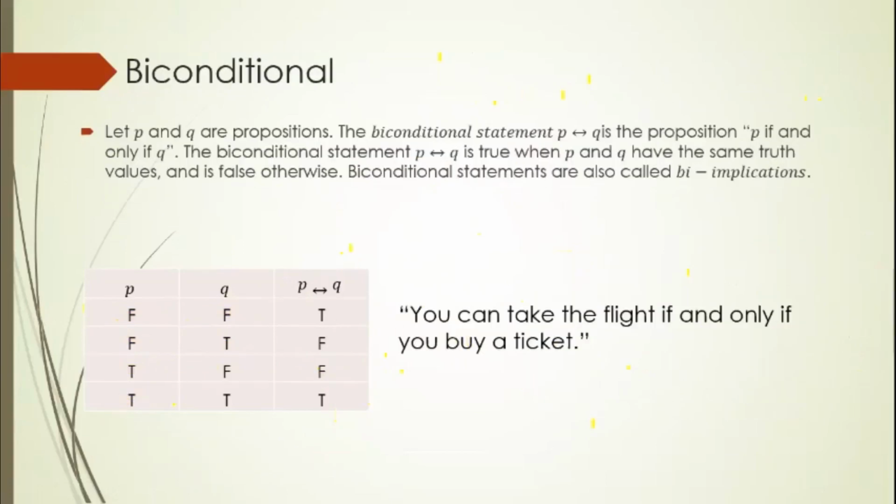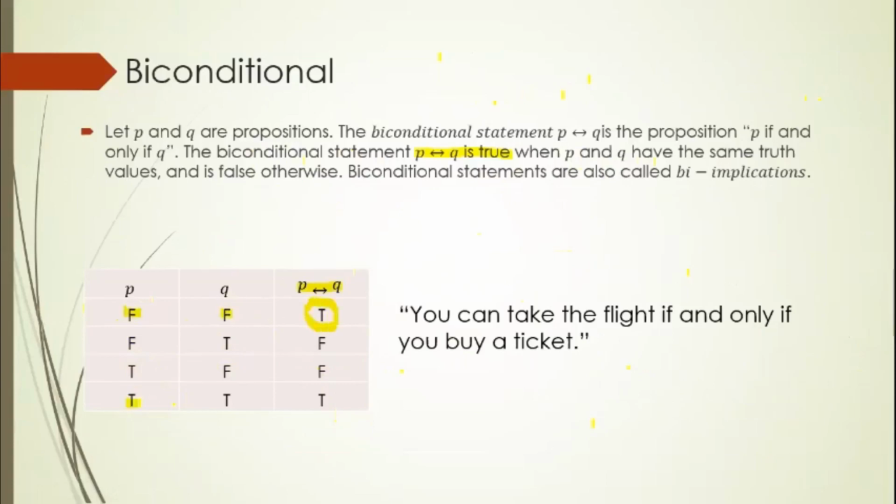So we have here the biconditional statement. So what would be the condition? You will only have a true when P and Q have the same truth values. So meaning, if P and Q are both false, then you have a true.